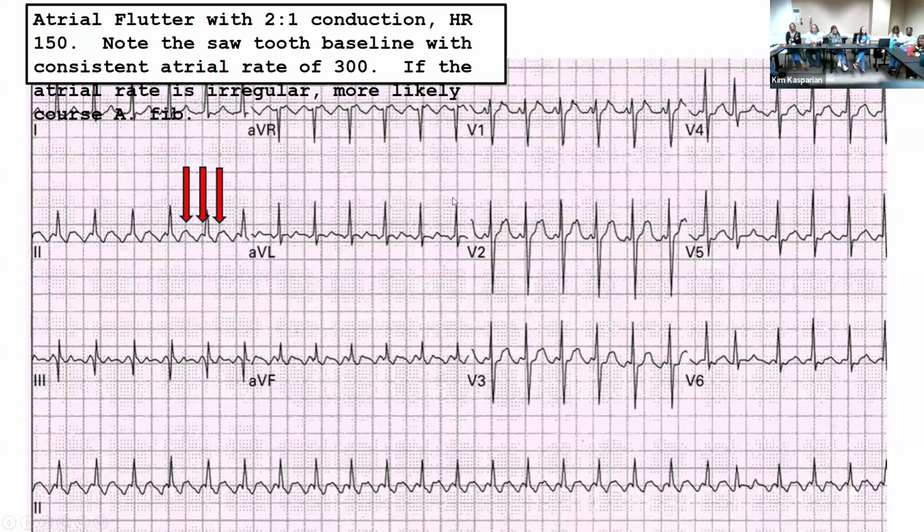It's going to vary a little bit, but it's going to be pretty close to that. So if it's way less than that, you should be suspicious that it's not flutter, or if it's way faster, or if it changes. Here, it's going to be consistent. So if it looks like a wildly changing atrial rate, it's probably not. You can't really read this, but what it says here is if it's irregular atrial rate, it's probably AFib.